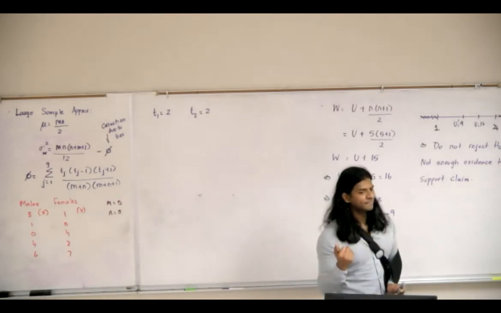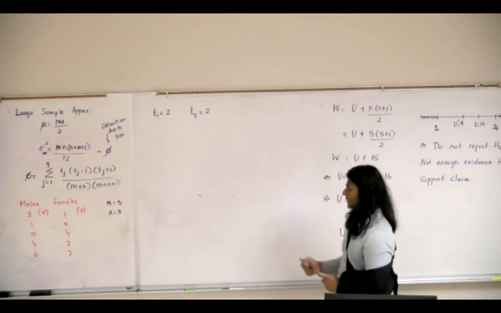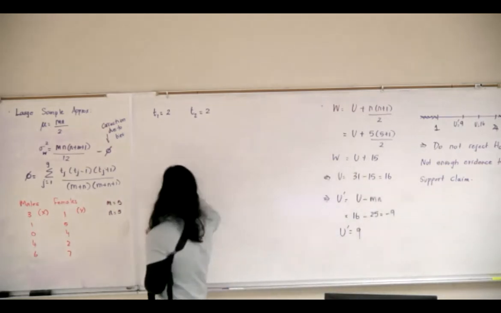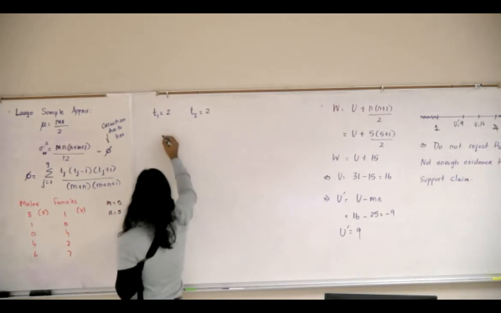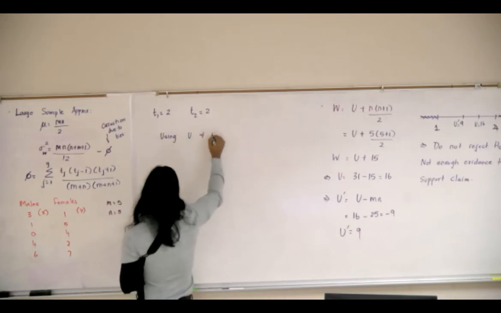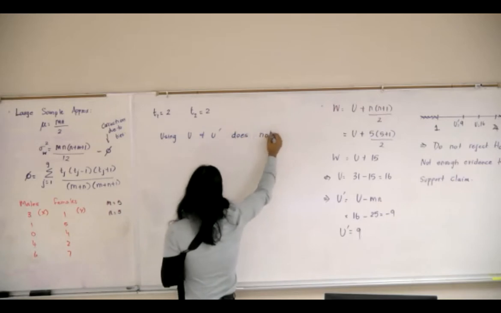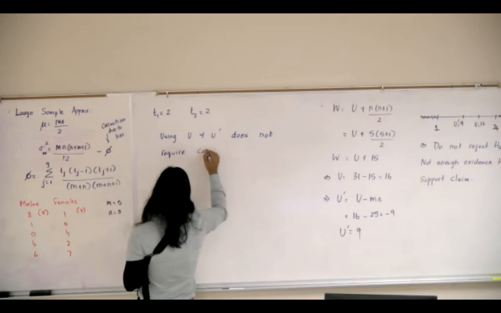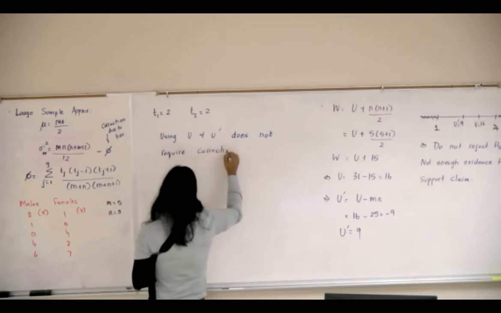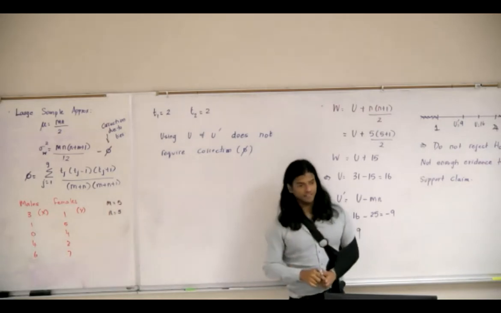Does that make sense? So when we use the U or U prime statistic, we don't have to use the correction.